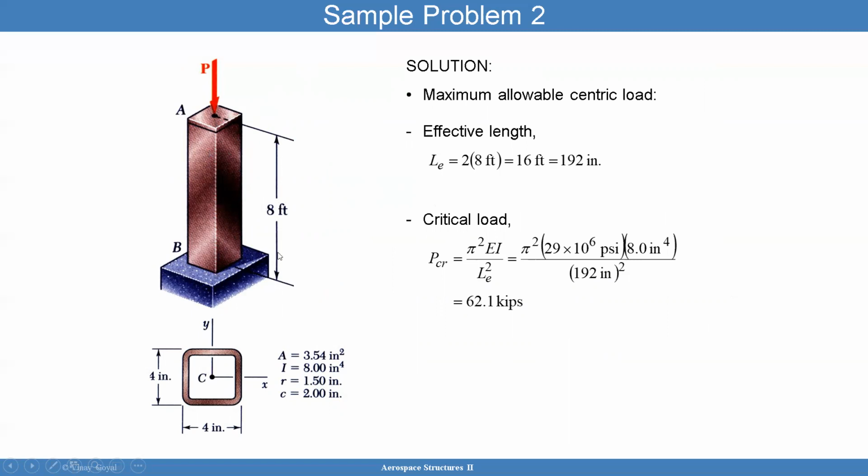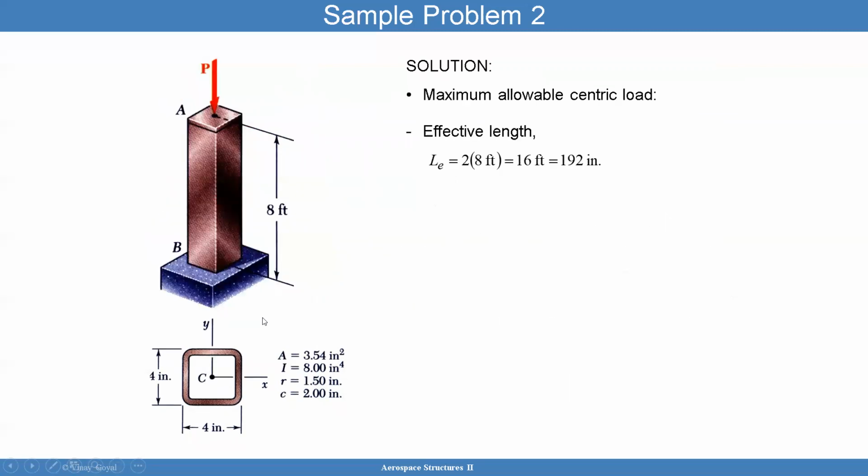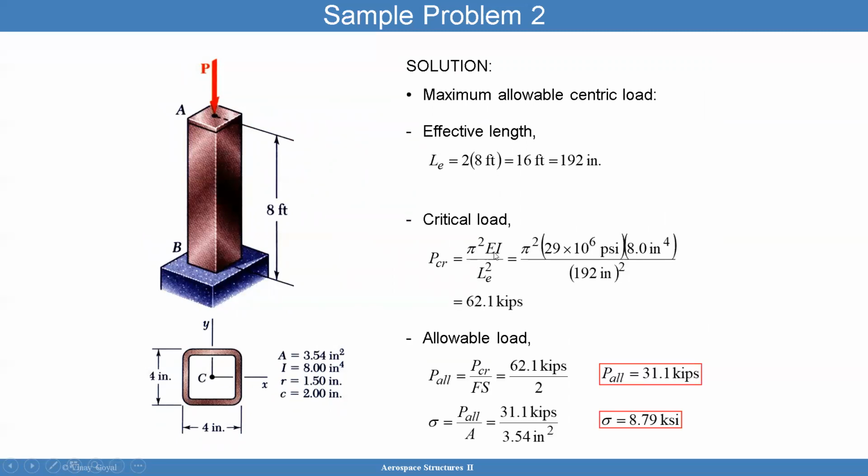If I multiply the length by 2, using the effective length formula, that's 16. I can calculate the critical load, that's 62. I know the modulus is given to me, still 30 E6, and I know the moment of inertia because I have the geometry that's given to me. So that's fairly simple. Then you can apply the factor of safety and calculate the allowable load, which is 31 kips.